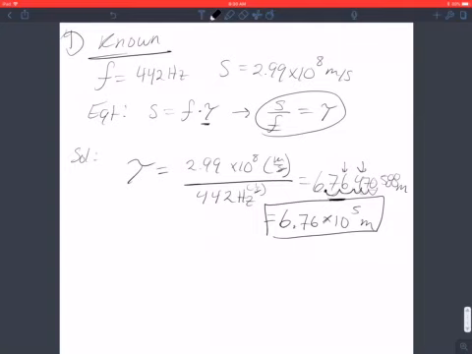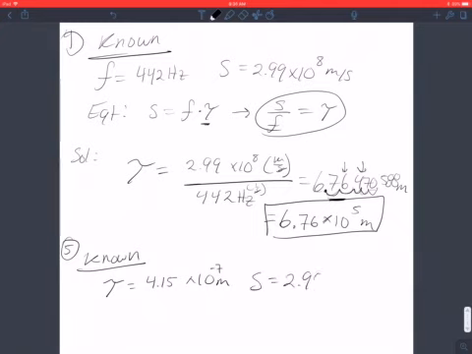And that's number 4. Number 5 says a violet-red light wave has a wavelength of 4.15 times 10 to the negative 7 meters. So our known so far is this wavelength, 4.15 times 10 to the negative 7 meters. And we also have a speed of, again, it's light, so it's 2.99 times 10 to the 8 meters per second.